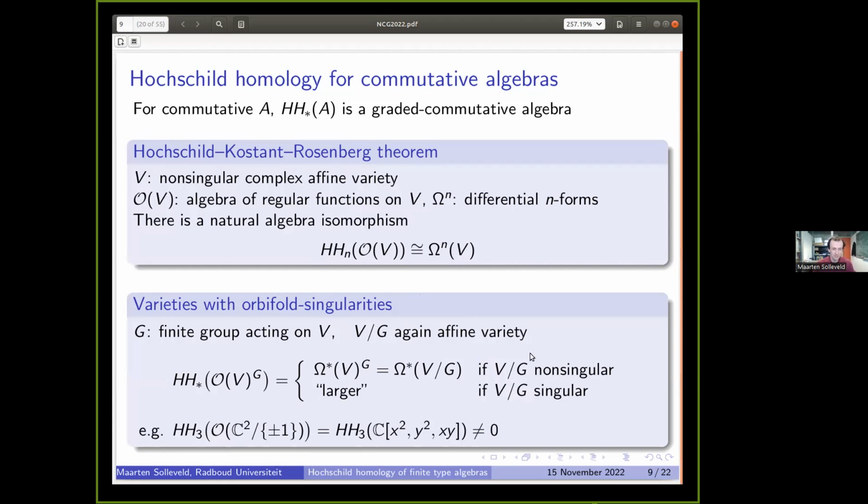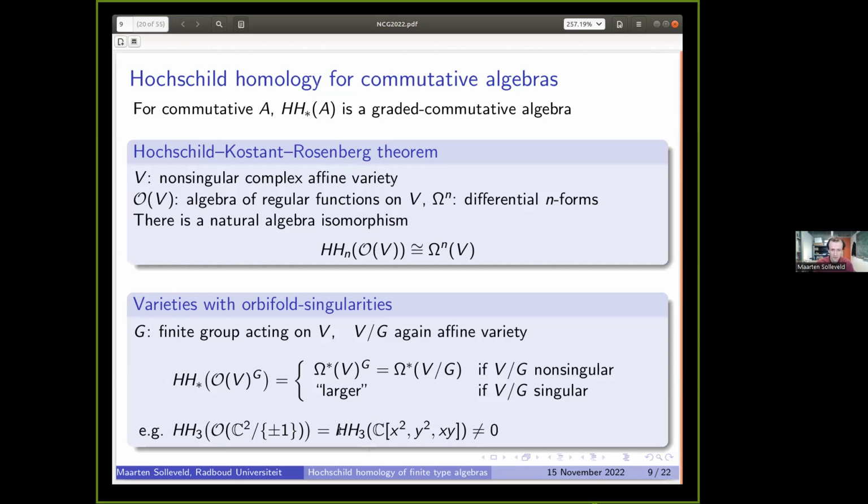So I tried some examples, and one of the first examples where you have a quotient which has a singularity is when you take C^2 and divide out by multiplication by plus or minus 1, and at 0 there's a small singularity. The algebra is just this. It has 3 generators, but they are related. It's almost like a polynomial algebra in two generators, but still the Hochschild homology seems to be quite different.